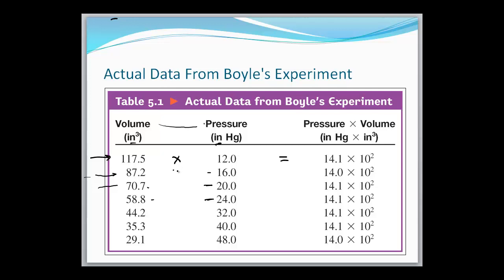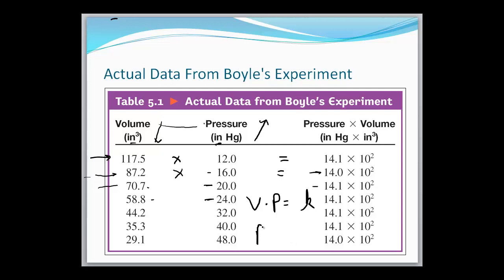When he did that with the second set of data from the second experiment, multiplied them, he got the same answer. So as long as he was keeping temperature constant, as he increased the pressure, the volume went down at a constant rate. So he came up with the relationship volume times pressure equals some constant.